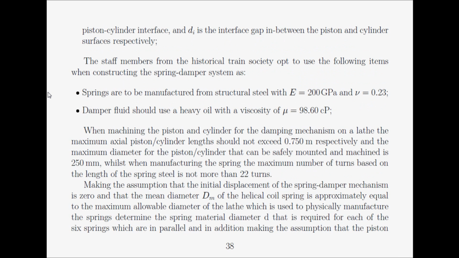So we have various explanations. We've got some initial data based on the available resources for the train system and the oil and the lubrication and so on and so forth. So physically, when we construct a spring, we take a piece of wire, helical coil.